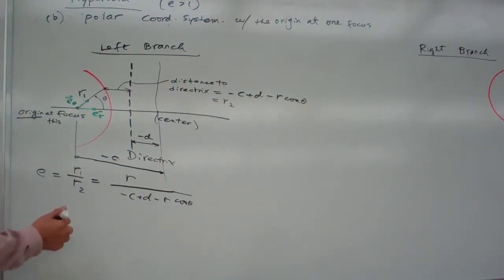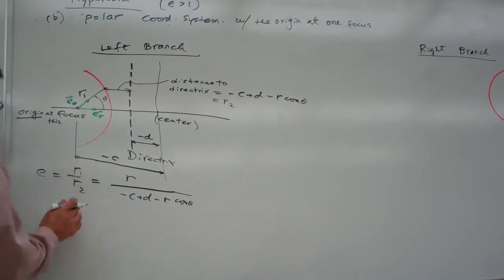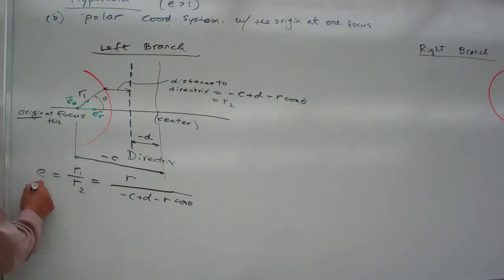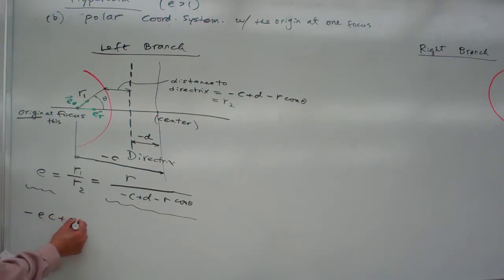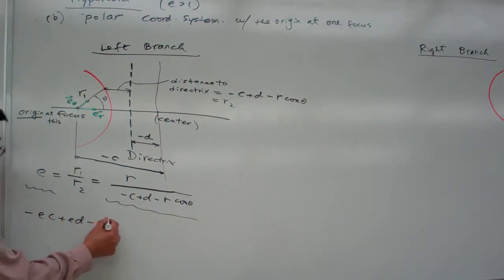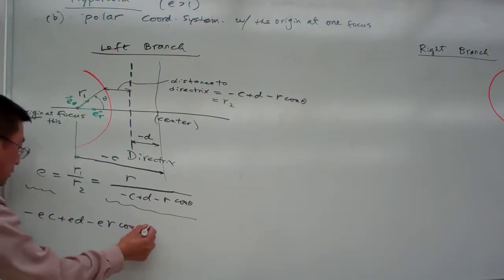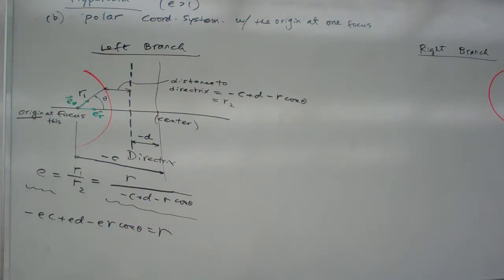Okay, so here with the two forms, then we can have minus ec plus ed minus er cosine theta equal to r. So do the arrangement in a few steps. Let me ignore the steps, and r can be put into this p over 1 plus e cosine theta.